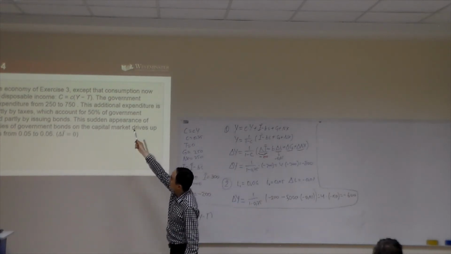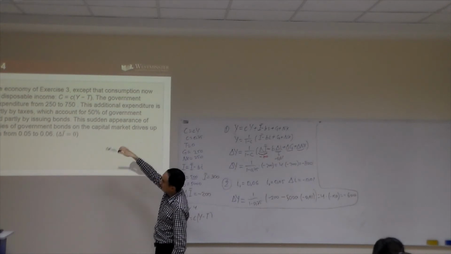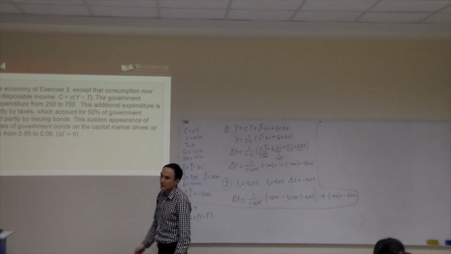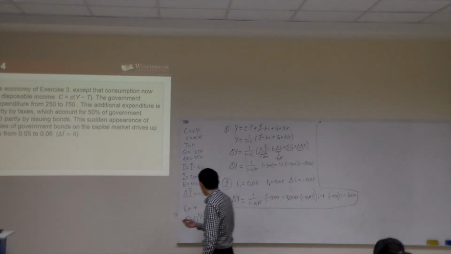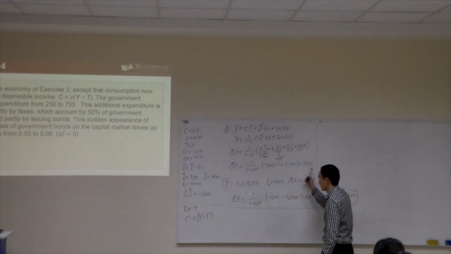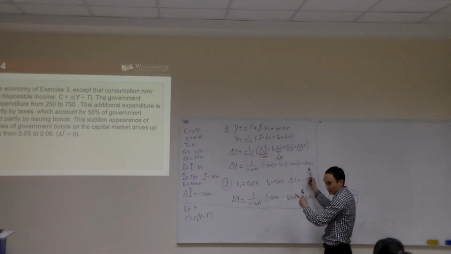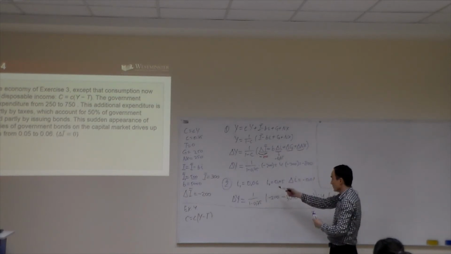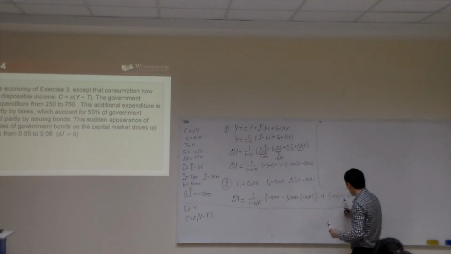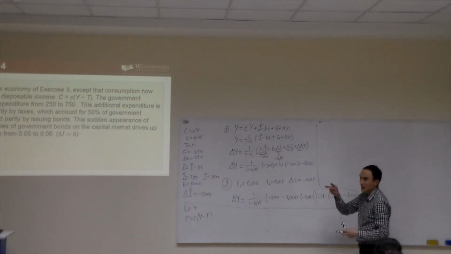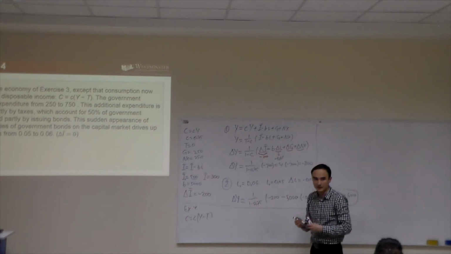So look, the government increases expenditure from 250 to 750. In the previous case, because of the pessimism, the expected loss is going to be 800. The government did implement monetary policy, which made the loss less, to 200 units. But now the government is going to apply expansionary fiscal policy.